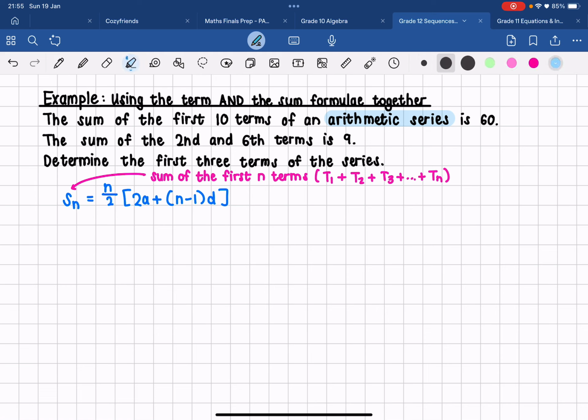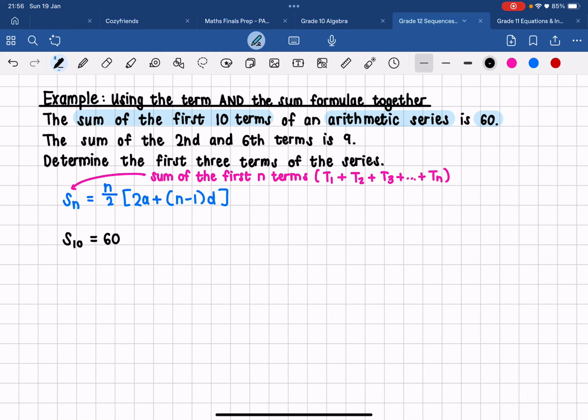So we are going to use this formula for this first bit of information, because they're saying the sum of the first 10 terms is 60. So that means we are going to say the sum to 10 is equal to 60. We can then use our Sn formula, and we now know that n is 10, so we are going to replace all of the n's that we have with a 10.